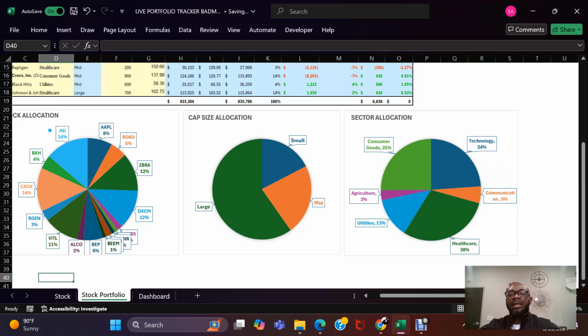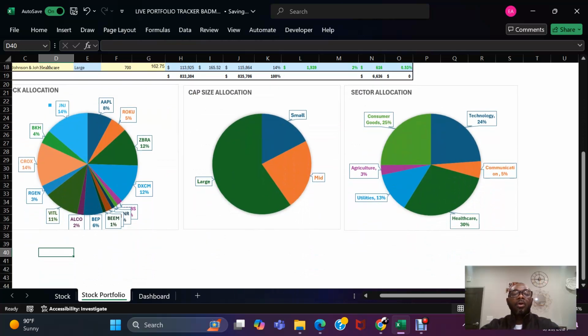Our highest allocation by sector goes into healthcare, followed by consumer goods, then technology. Agriculture has the lowest allocation in this portfolio.